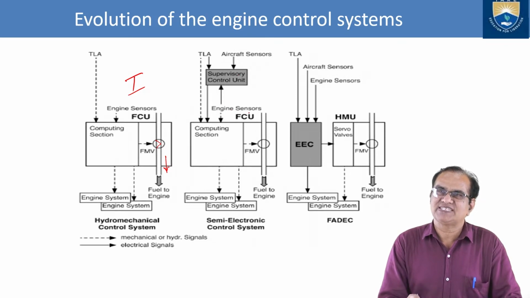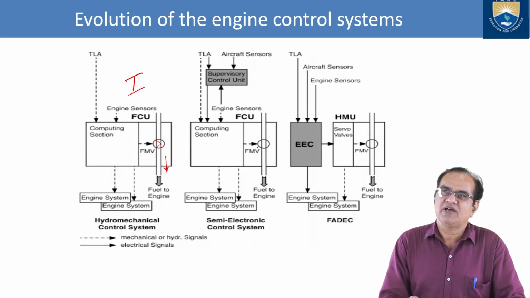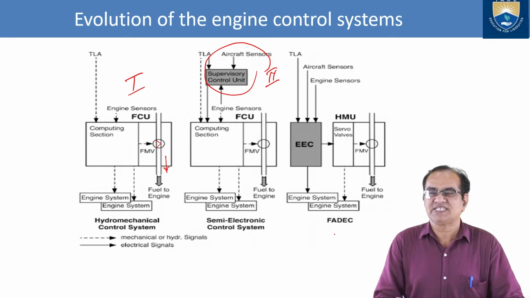Here are the engine sensors, then it goes to the FCU. FCU will open the FMV more or less. Only this system is new here, in the earlier one it is not there. So it is a semi-electronic control unit, and this here is full automatic digital electronic control.